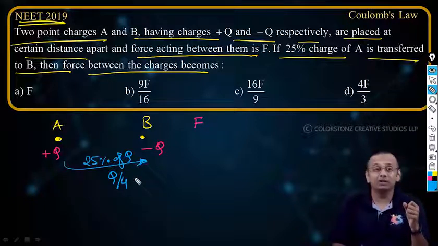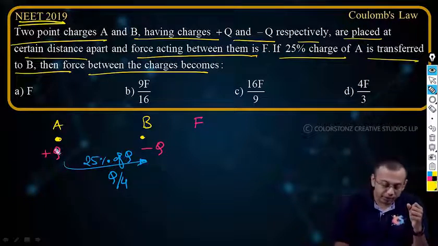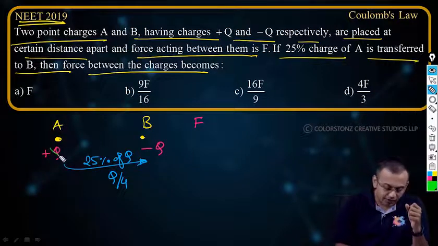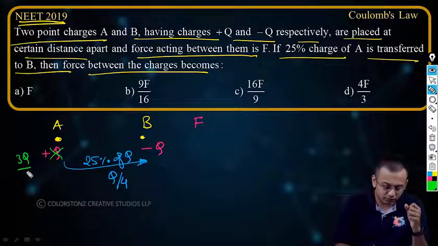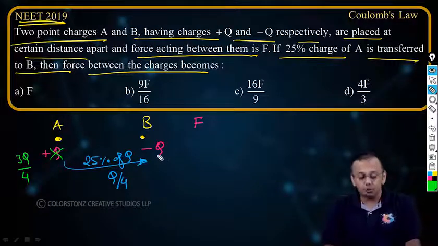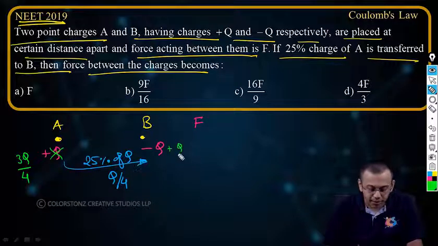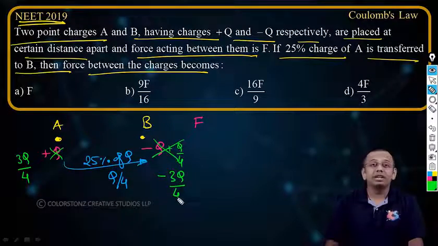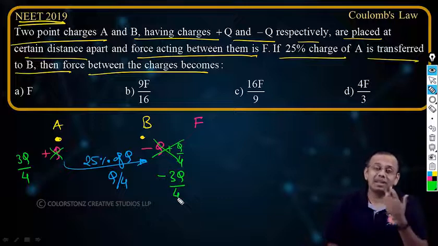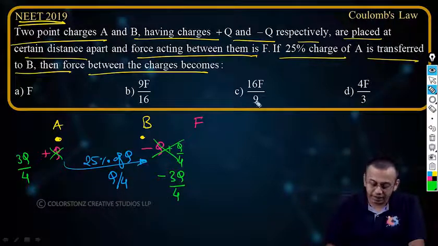So Q minus Q by 4 will make the new charge as 3Q by 4. And when Q by 4 gets added here, then this is also going to become minus 3Q by 4. So of course the charges have changed and the force is also going to change.